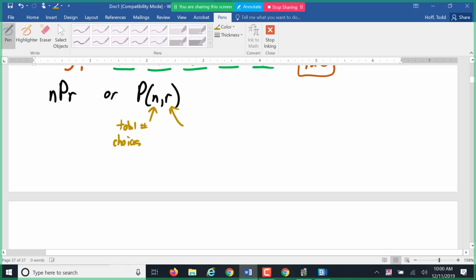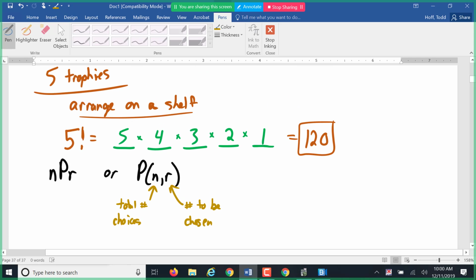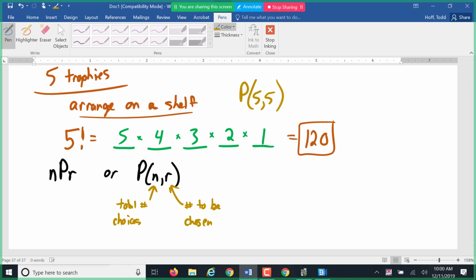And r is the number to be chosen. So if we look up here, this example was a permutation of 5 items where we are choosing all 5 of them. So in that case, that just ended up being 5 factorial, or n factorial.